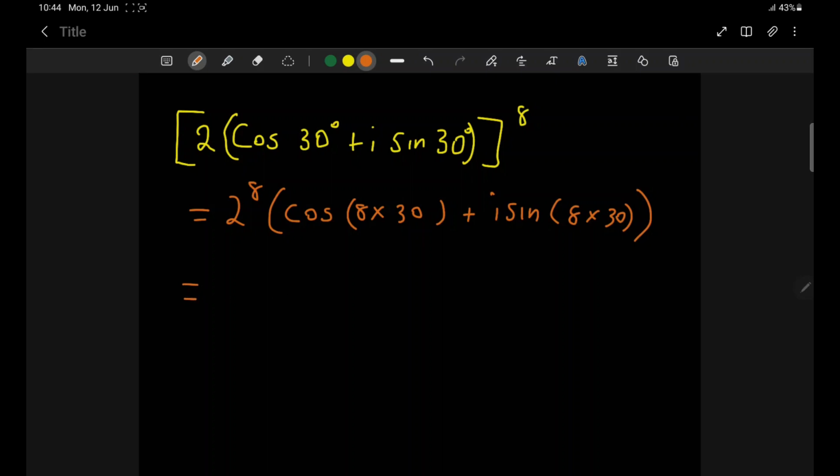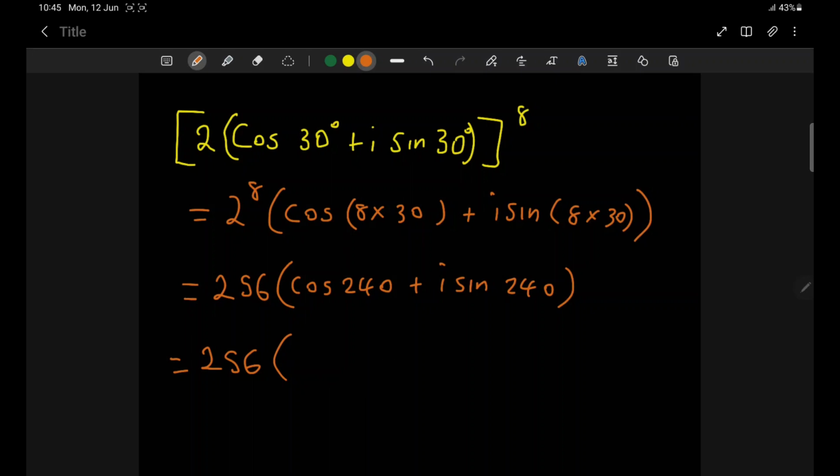Then we can simplify it. 2 raised to 8 is 256, so we'll have 256. Then we'll multiply 8 by 30, which is 240, so we'll have cos 240 plus i sine 240. Then we can simplify these two.